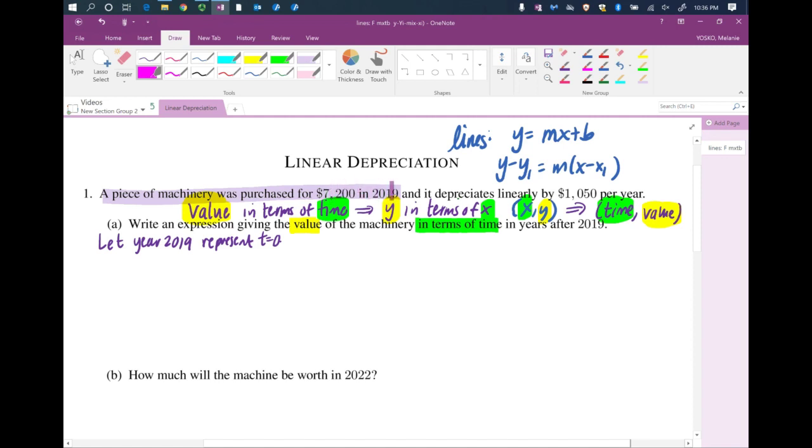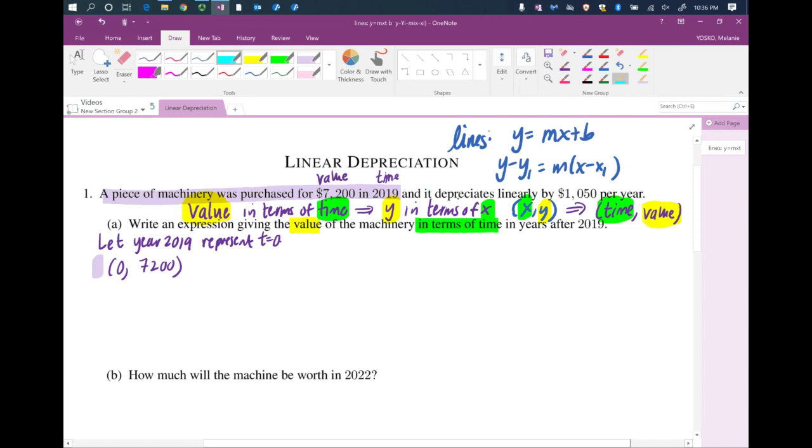You see one of them is a time and one is a value. So the time is 2019, but we said we're starting at 2019. We're going to let t be 0 there, so 0. And then purchased for this amount, well, isn't that part the value? So time, comma, value. That's why I'm putting them in this order. 0, 7,200.